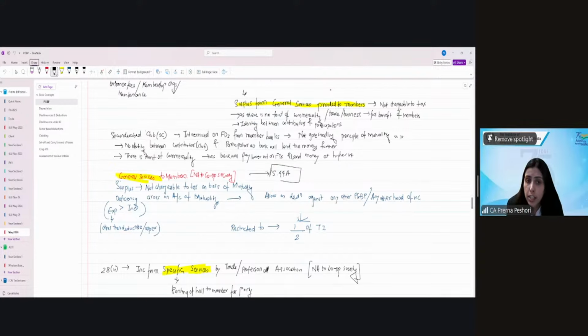In the case of Sri Venkatesh Premises Cooperative Society Limited, we had seen that the concept of mutuality is applicable. Right? Yes or no?